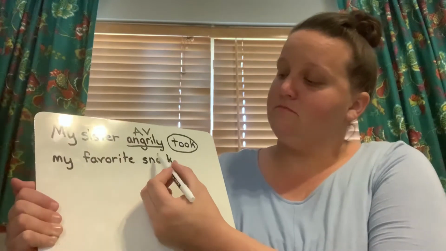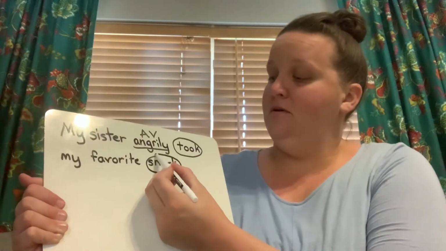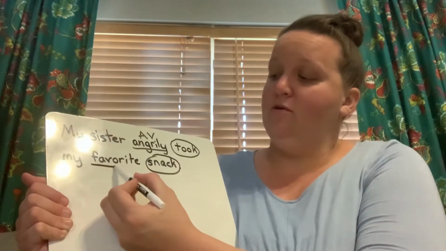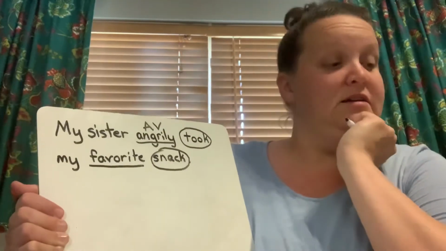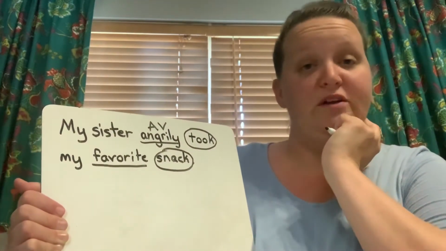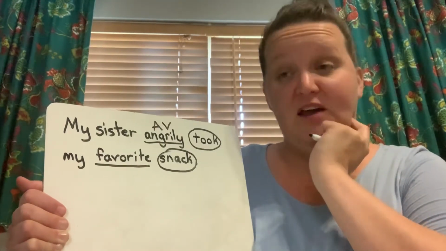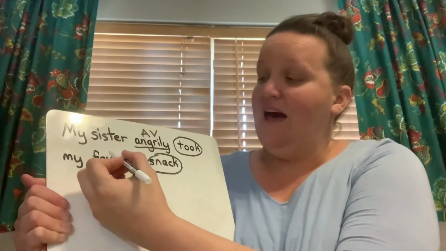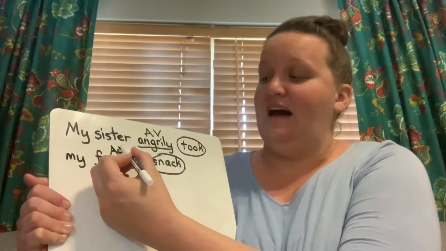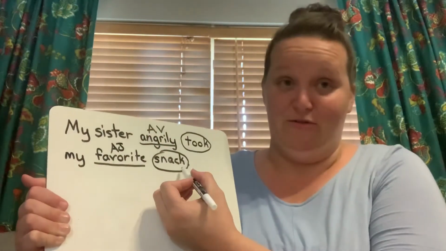Snack is my noun. And this describing word, favorite, is answering which one? Which snack? Took my snack. Which one? My favorite snack. And that makes that an adjective because adjectives describe nouns.